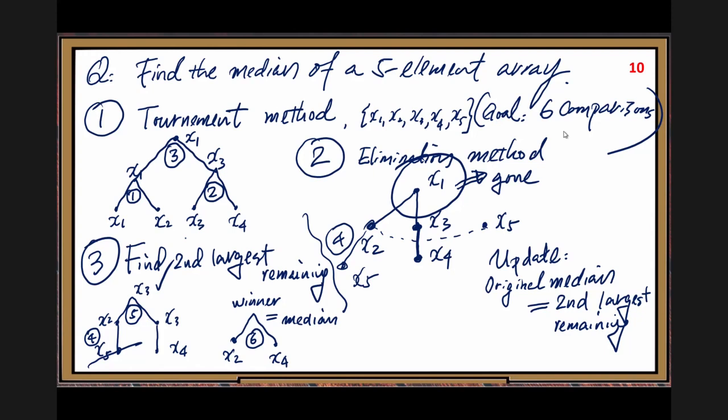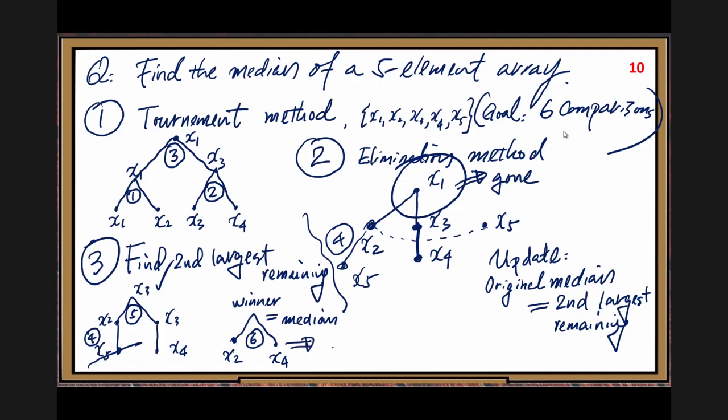So we only pick direct losers of the winner. Here x2 and x4 are direct losers of the winner.